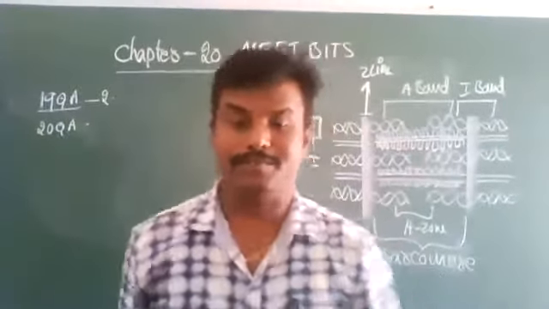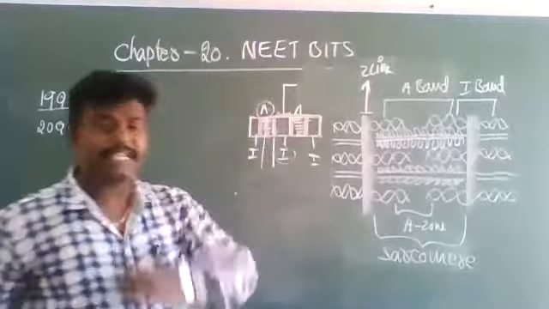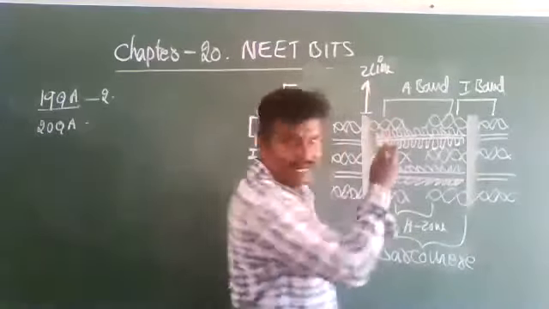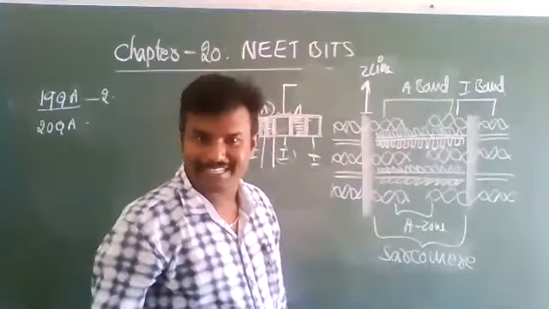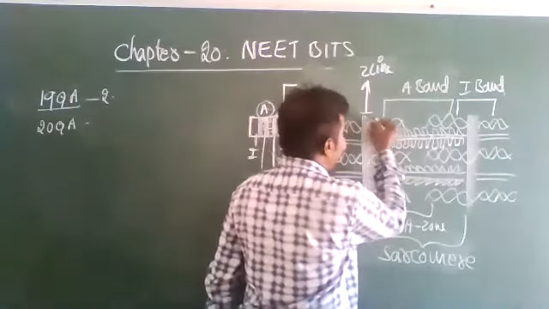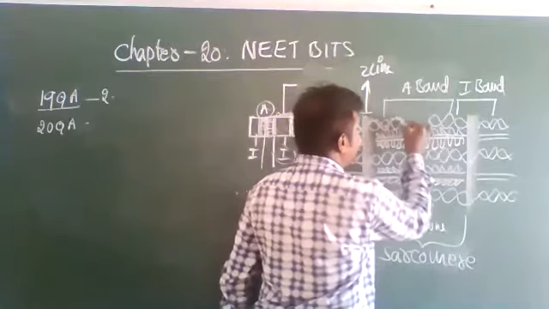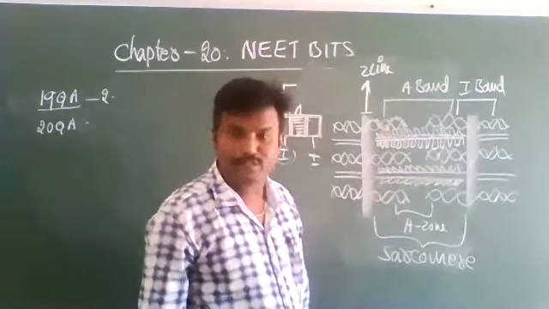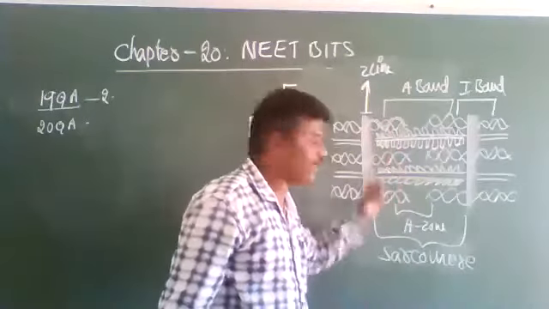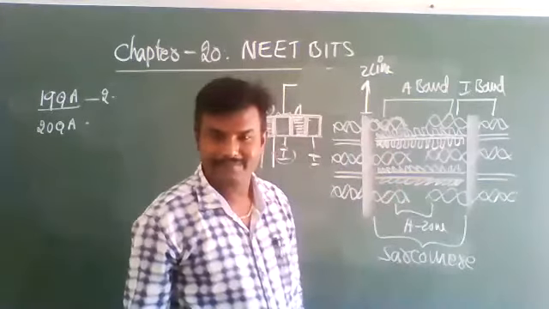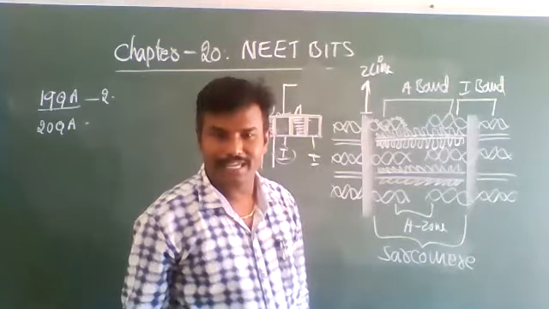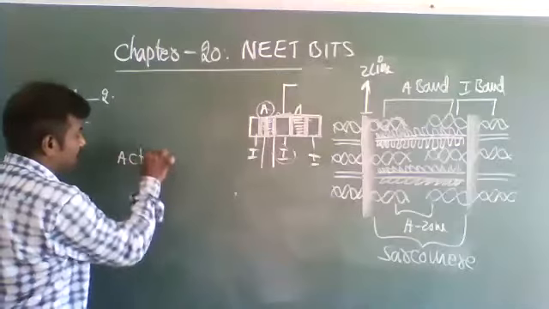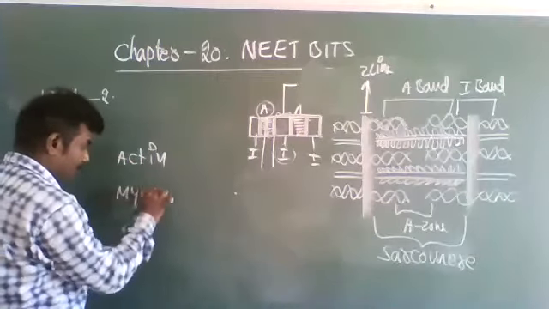Okay, that's it. I said, what is underlying? The thick filament. This means what? Myosin filament. Actually here it will take more time, so I am not drawing this. This is the actin filament. Sorry, myosin filament. Actin and myosin.